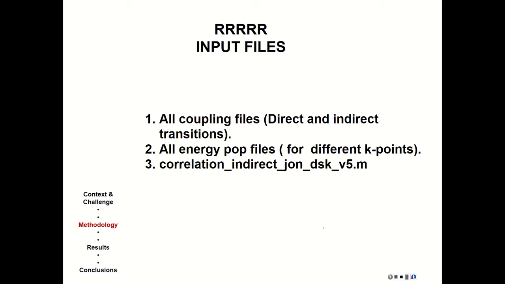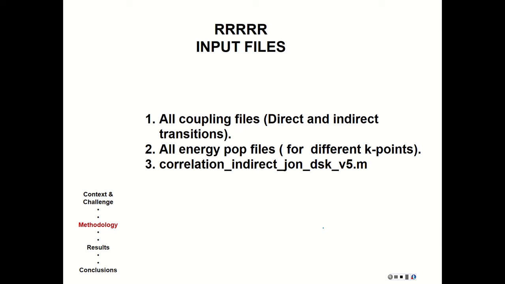Now, since we are going to calculate the relaxation rate for indirect transition, we need to correlate these 4 rate field tensors: the rate field tensor for K point 1 to K point 2, K point 3, K point 4. So we need to combine them, correlate them.